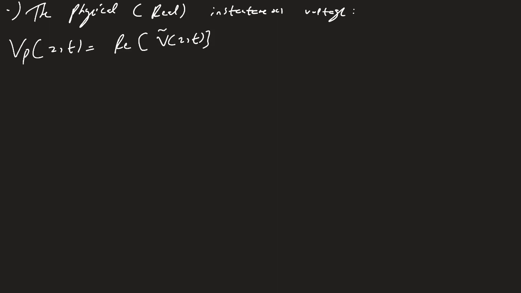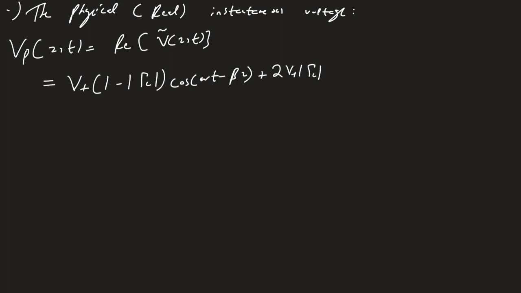So this becomes equal to V plus into 1 minus mod gamma L, which is the reflection coefficient, into cosine of omega t minus beta z, that's a traveling wave, plus 2V plus into mod gamma L cosine of beta z plus phi by 2.